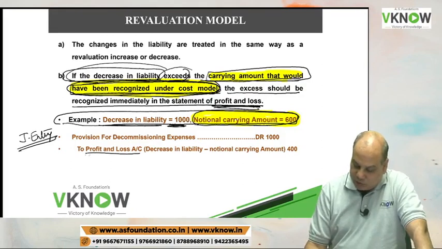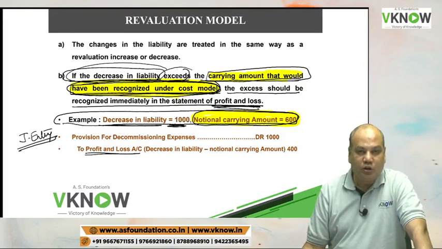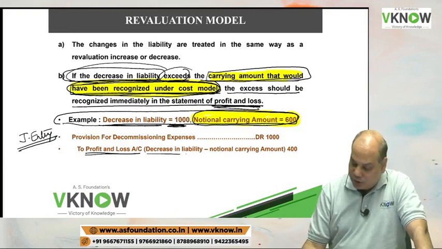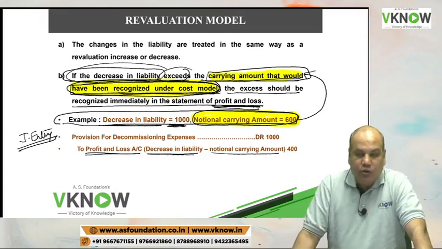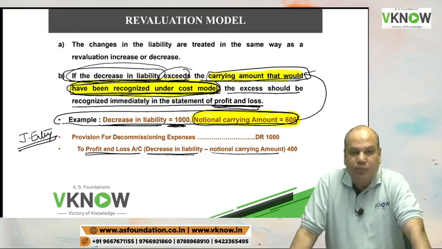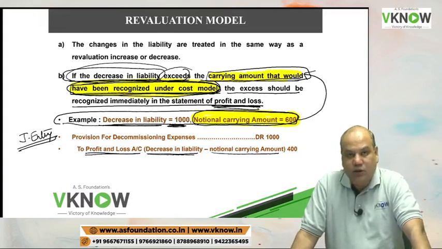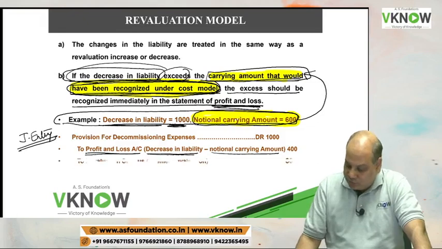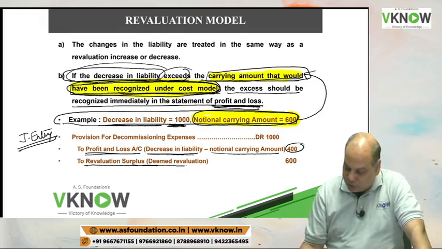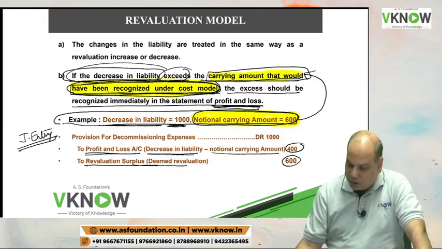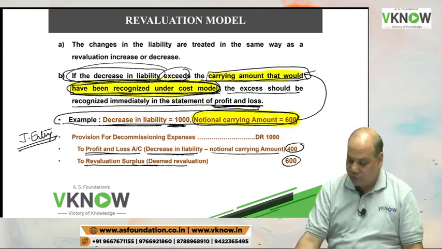To P&L account, the difference between decrease in liability and the notional carrying amount, that is, the carrying amount if the company would have followed cost model. That excess amount is treated as a gain, 400, and the remaining 600 goes to revaluation surplus.